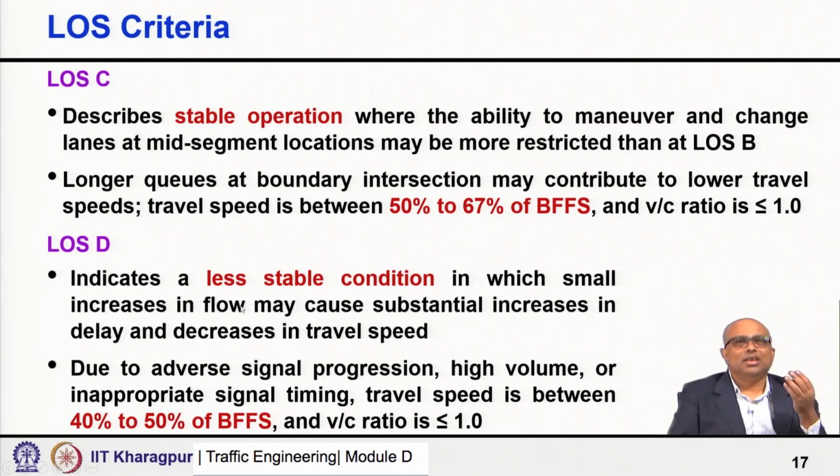LOS D: a less stable condition in which a small increase in flow may cause a substantial increase in delay and have a larger impact on travel speed, which will come down. Due to adverse signal progression, high volume or inappropriate signal timing, travel speed is between 40 to 50%, further going down, but still the volume to capacity ratio is not more than 1, it is lesser than that.